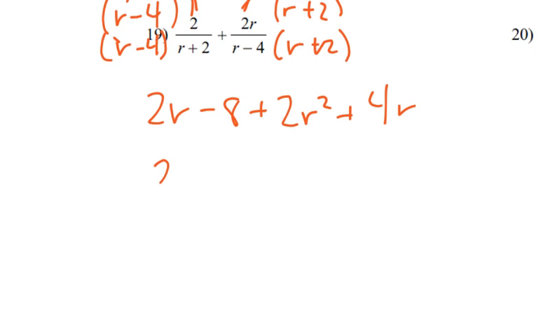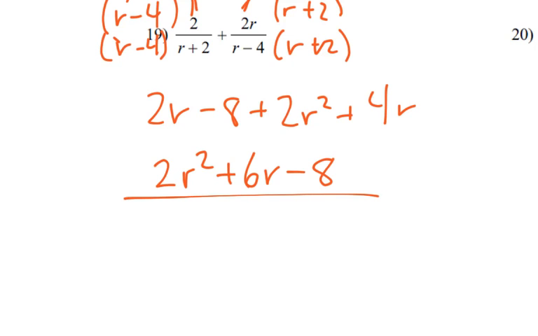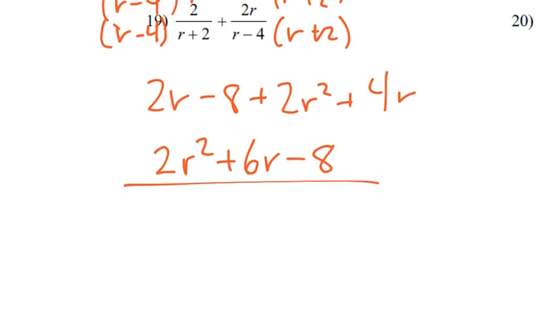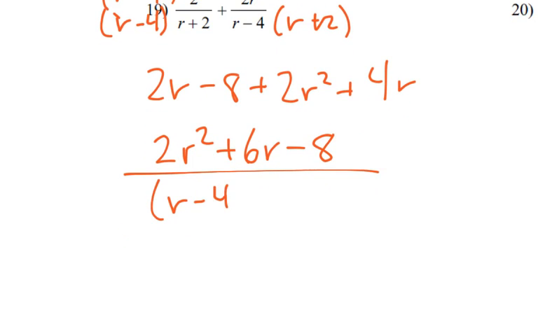So we combine like terms and put them in order. 2r squared plus 6r minus 8 over r minus 4 times r plus 2.